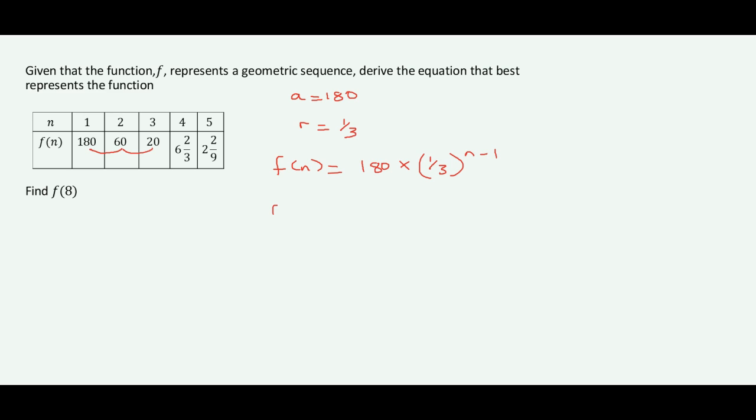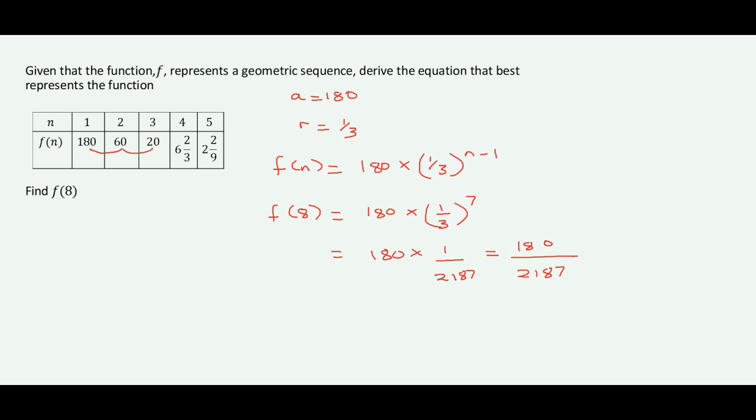So when we have 8, f of 8 is going to be 180 multiplied by 1/3 to the power of 7, which is 180 multiplied by 1 over 2187, which is going to give us 180 divided by 2187.